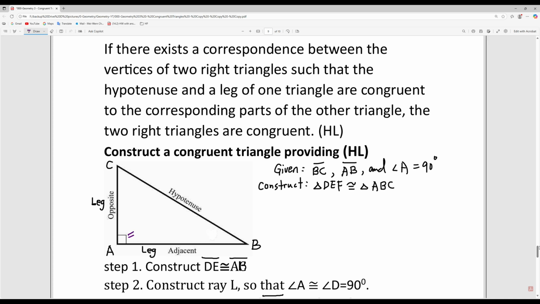It needs to be 90 degrees. So given hypotenuse H and one leg, opposite or adjacent, also called legs.